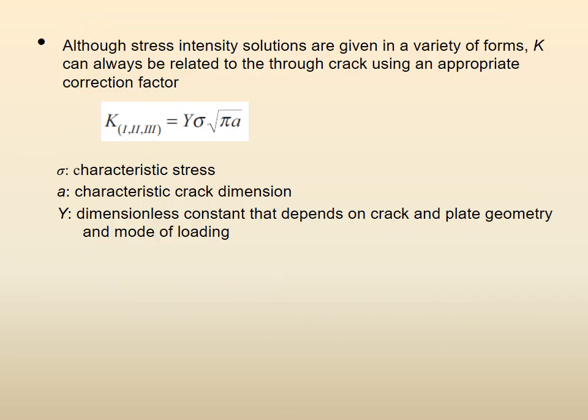And in conclusion, there will be a general K, for mode 1, mode 2, mode 3, any, which is y sigma root pi A, and this y will change each time. For some of the cases, those tables are there, but for any other cases, if you go to higher chapters in the book or other places, then the equation will be defined for mode 3, mode 2 and so on.